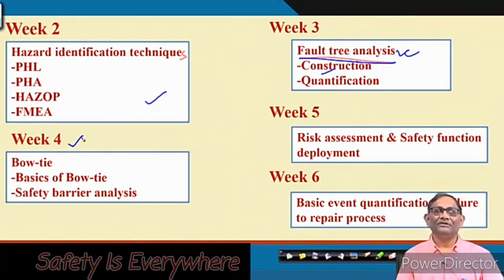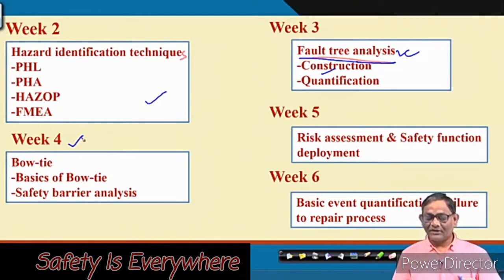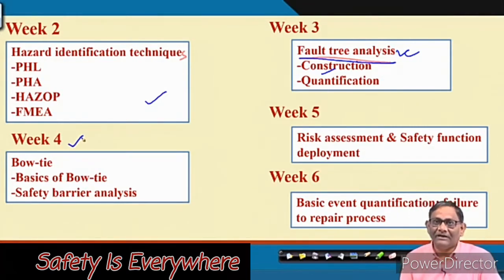It is possible only through teamwork, and you must have domain knowledge and a good team, so that the team will brainstorm and find out the different top level incidents or top level accidents that could take place at your plant or the systems you have considered, and then you dig down the causes, from the top level event to finally the basic level event, and in between there will be intermediate events, and all those events will be linked with different logical gates like AND and OR gates primarily.